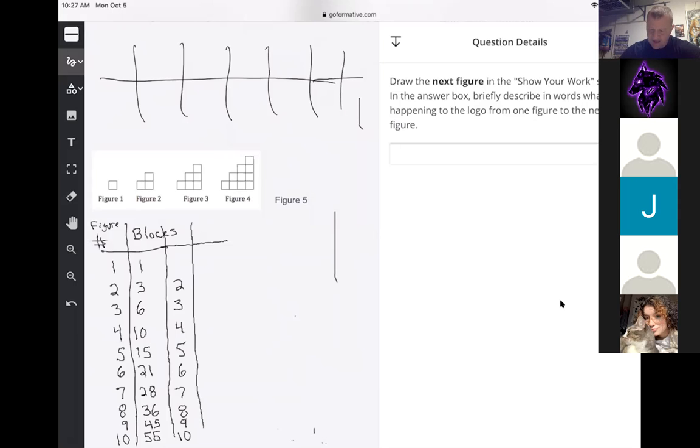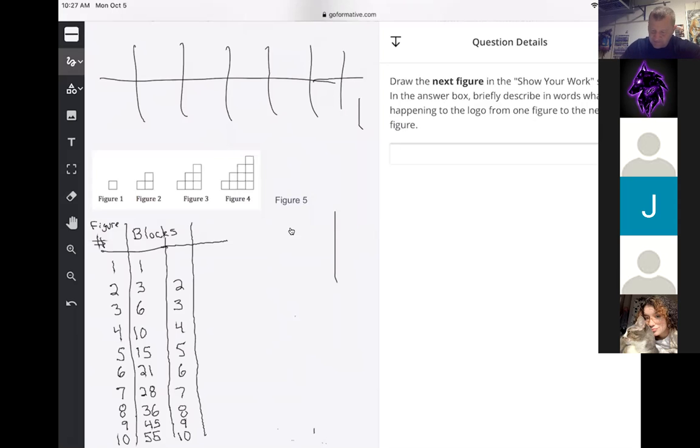It asks you to write a rule in number 5. Is that right? Let me see your answers and see if anyone got the next one, which is, interesting. 4, 5. Oh, okay.